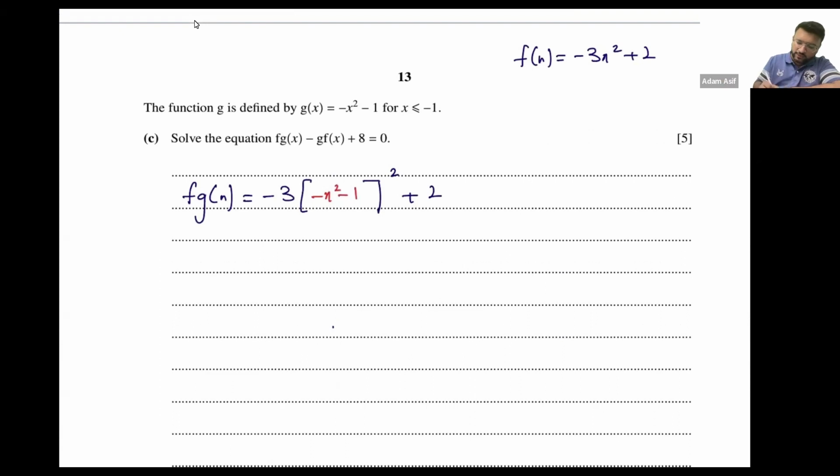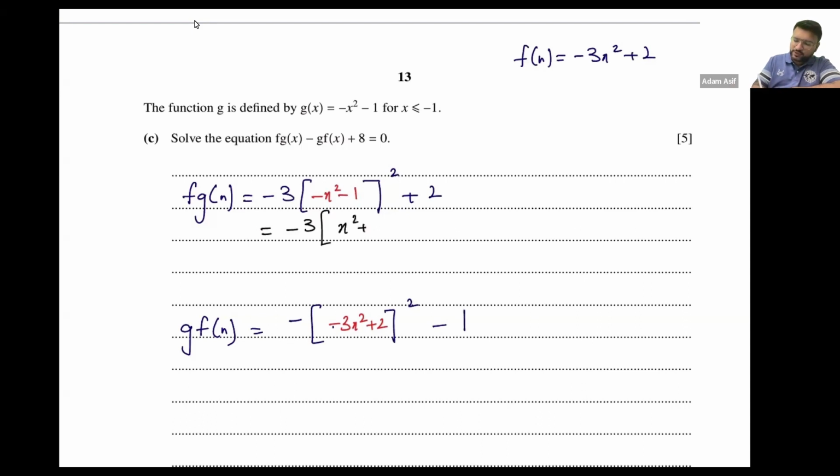And what is gf of x going to be? Function f followed by function g: in function g, I'm going to insert function f. Okay, let's resolve and simplify.